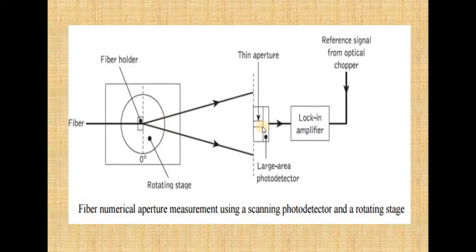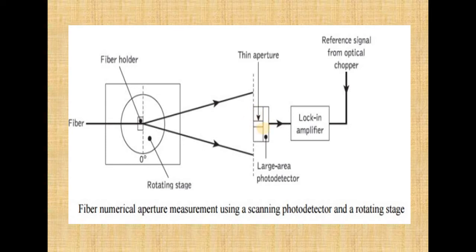The photodetector is placed 10 to 20 centimeters from the fiber, and it is positioned in order to maintain the maximum signal when the rotation is 0 degrees. That is when there is no attenuation, so the maximum signal is obtained. The output power is monitored and plotted as a function of angle.